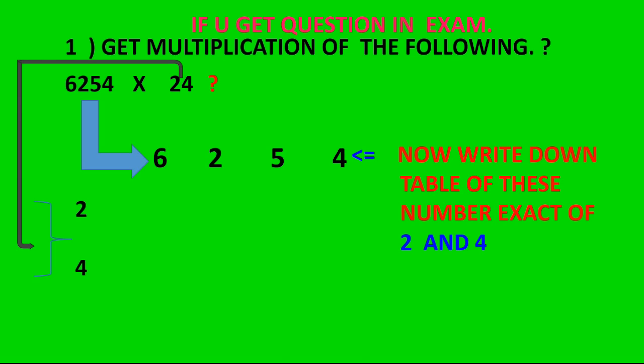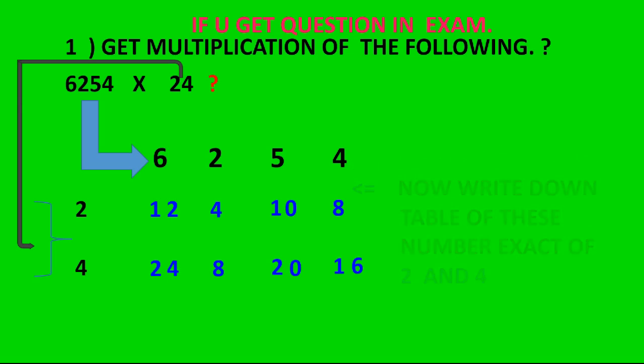So 6 into 2 is 12, 2 into 2 is 4, 5 into 2 is 10, 4 into 2 is 8, and 6 into 4 is 24, 2 into 4 is 8, 5 into 4 is 20, and 4 into 4 is 16. Now you just have to add these numbers.